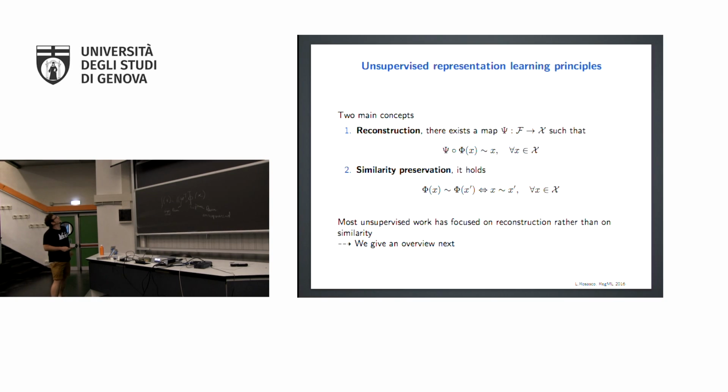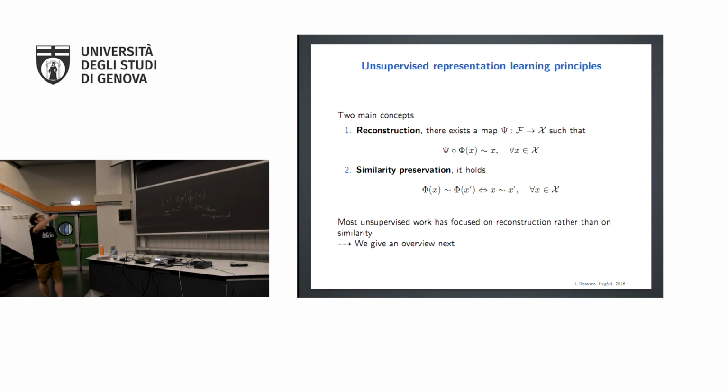And here we just make it a bit more formal. To talk about this idea of reconstruction, we need to introduce what we mean by reconstruction. Besides the feature map that maps the data into the feature space, we also need something to get us back so that we can compare to the original data point.